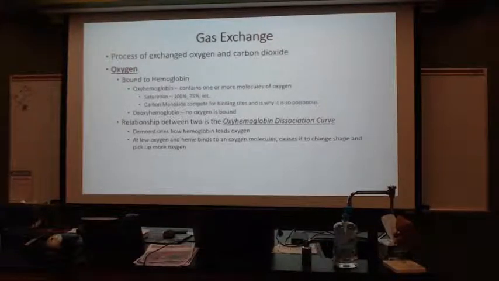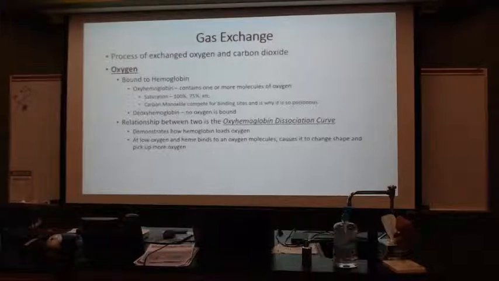When no oxygen is bound to those heme groups, we say that the blood is deoxyhemoglobin. D meaning without, okay? When we talk about the relationship between oxygenated, non-oxygenated, or oxyhemoglobin versus deoxyhemoglobin, it's called a dissociation curve.